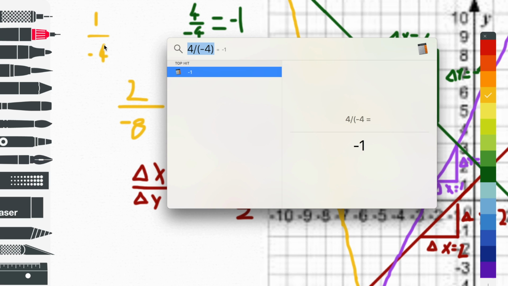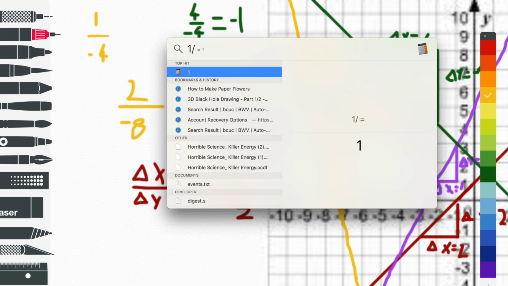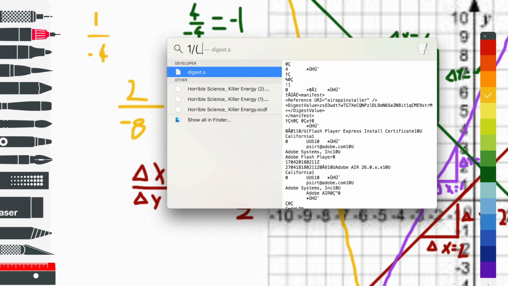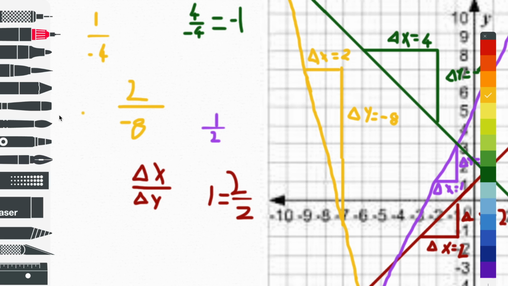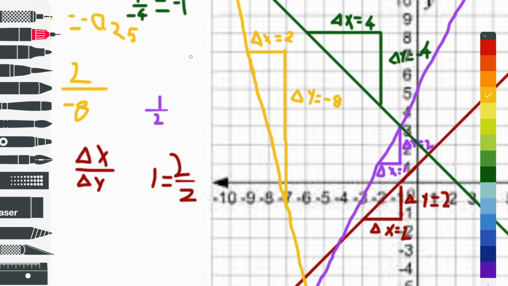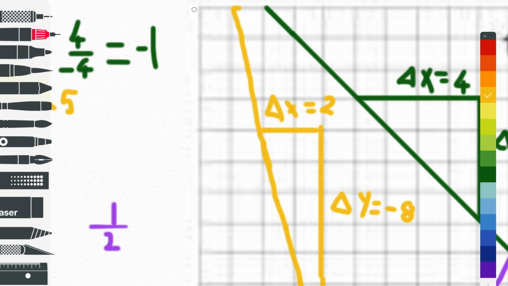And we can calculate that. 1 divided by negative 4 is equal to negative 0.25. So this is the same as negative 0.25, right? If we try an even steeper hill, this one's going to surprise you.